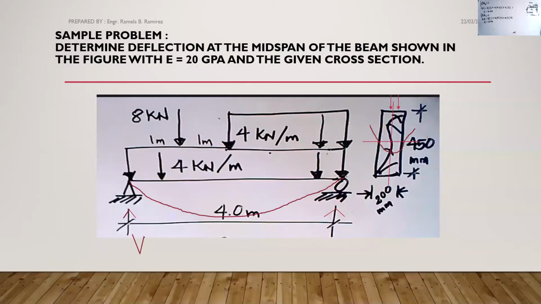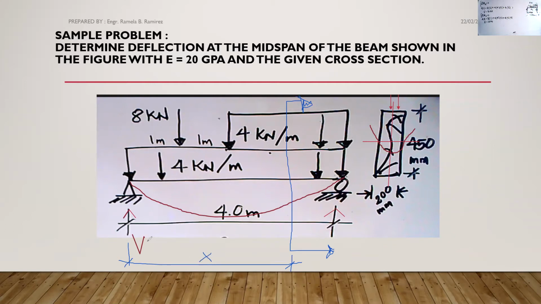Now going back to our figure here, we are going to write down the moment equation by taking, again, a cross section here. So cutting a section, I mean. And let's say that this is at a certain value of x distance from the hinge.